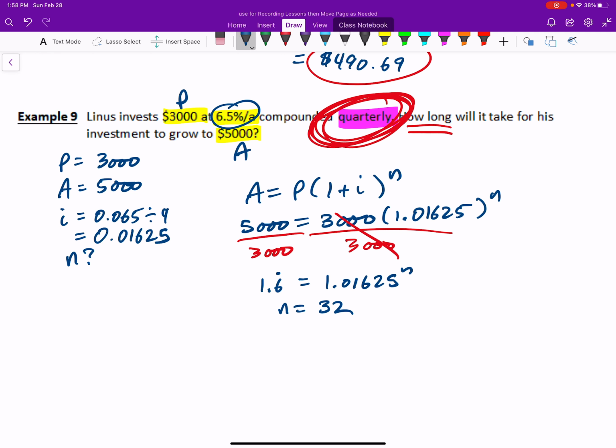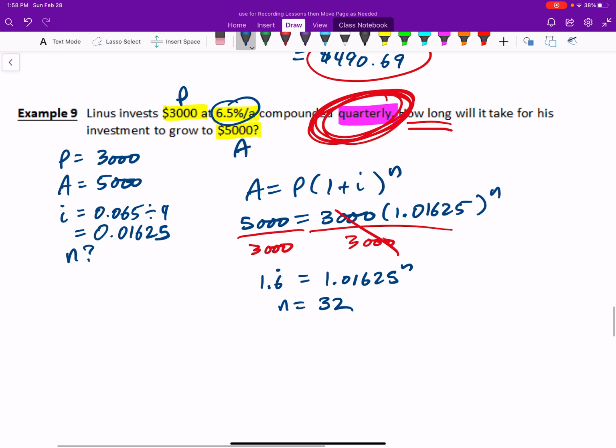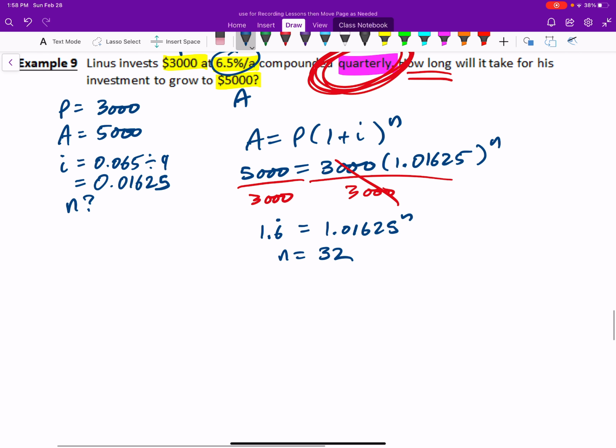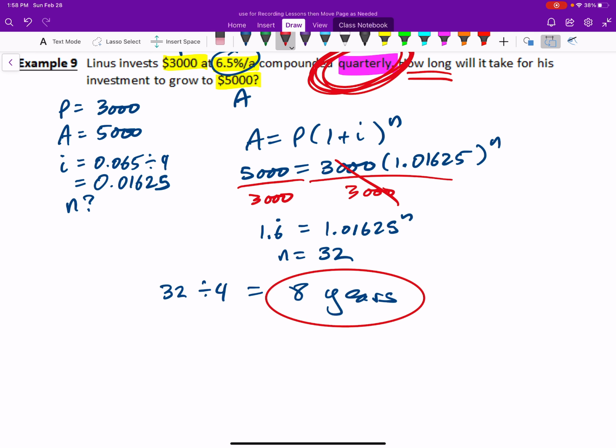For 4 times a year, they're calculating the compound interest 32 times. So time, in this case, is going to be 32 divided by the 4 times per year, which equals 8. And so it's going to take 8 years for this investment to grow from $3,000 to $5,000.